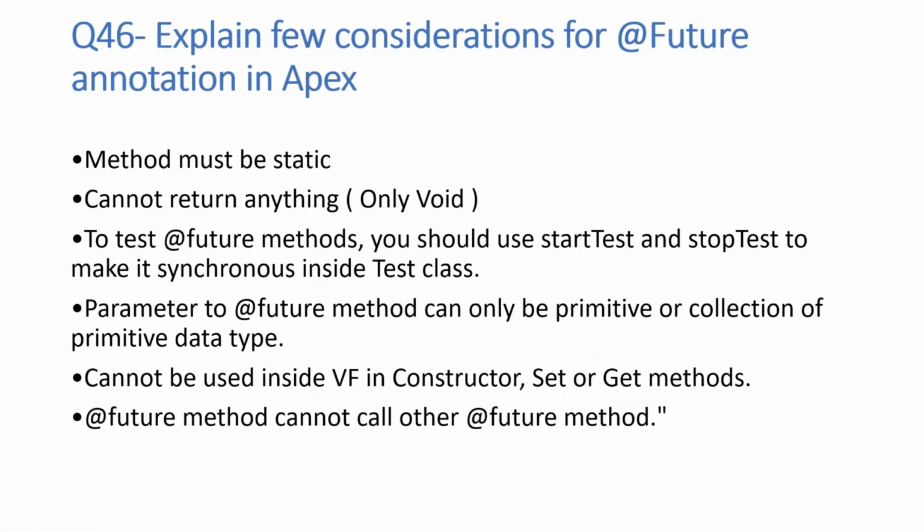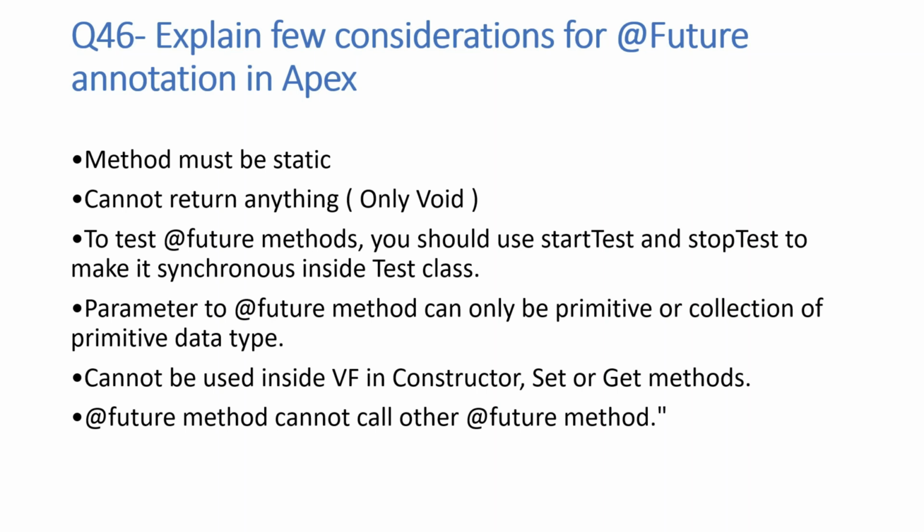Explain a few considerations for the @future annotation in Apex. A method must be static in a future annotation and cannot return anything. It should be void. To test an @future method, you should use startTest and stopTest to make it synchronous inside the test class.